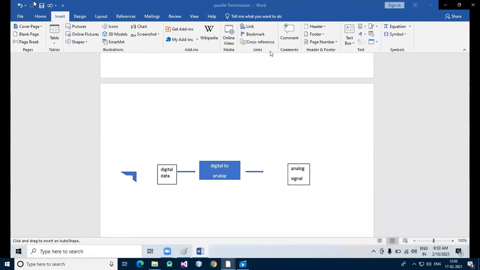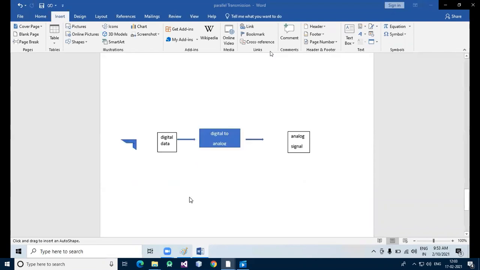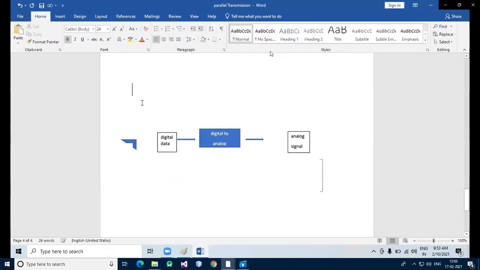So data rate versus signal rate looks like this. The formula for the data and signal element is N times 1 by r.